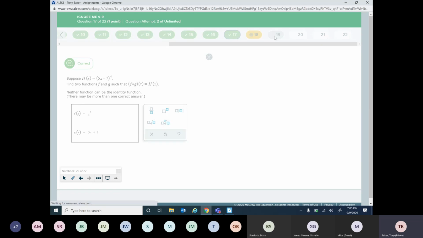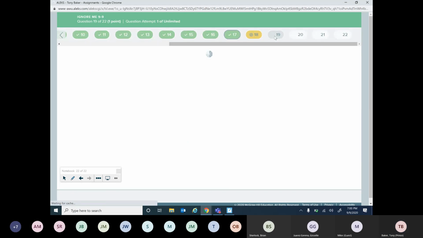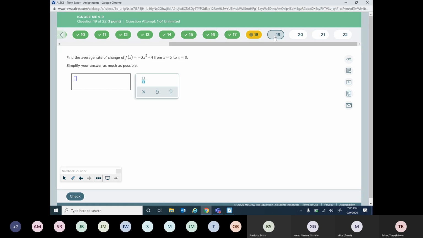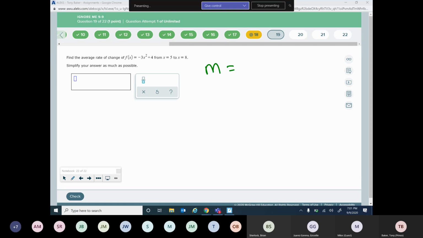All right, last 4. So what's the slope equation? Anybody? m equals what? y equals mx plus b is the slope-intercept form, but how do I find slope?